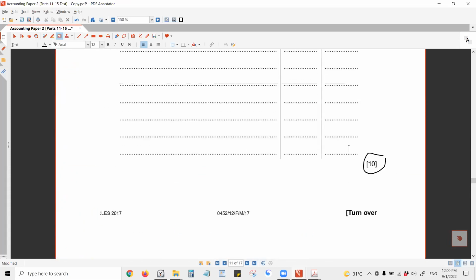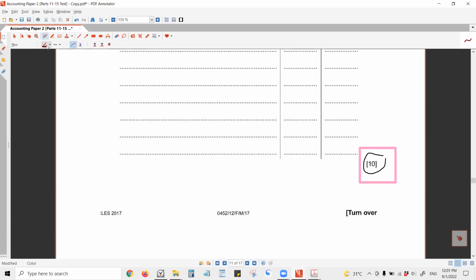In the actual exam, how much time should you spend? For paper two, as a guide, you should look at the mark allocation. 10 marks means try to finish it within 10 minutes. Maybe you may spend more time, because in the actual exam paper, some questions could be easy, some could be difficult.